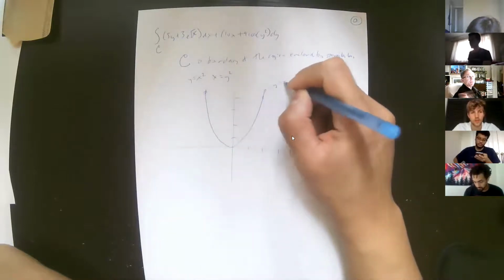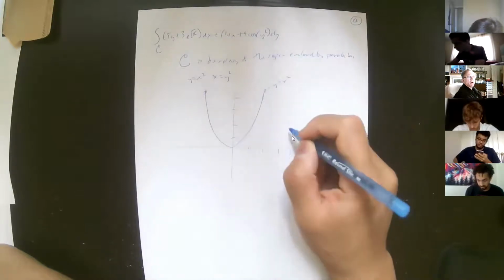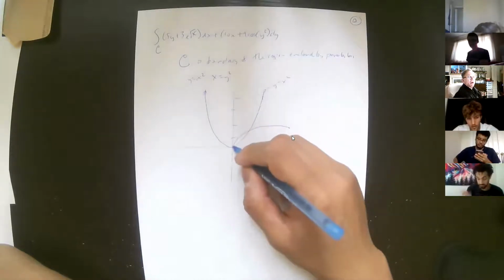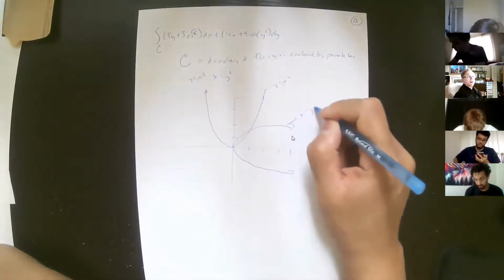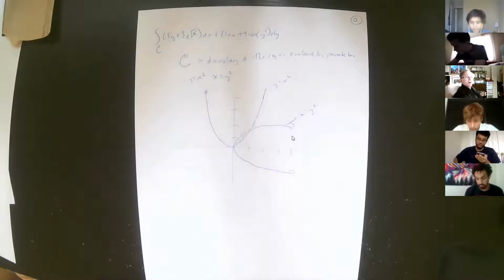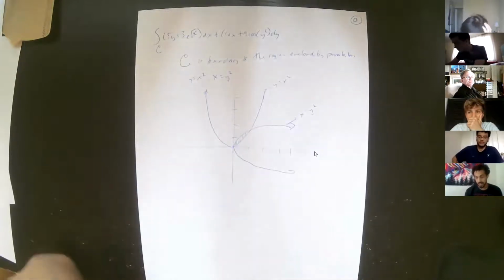This is y equals x squared, and this is x equals y squared. So our region is this thing, right? That sounds doable to parameterize. That just sounds doable to integrate over.